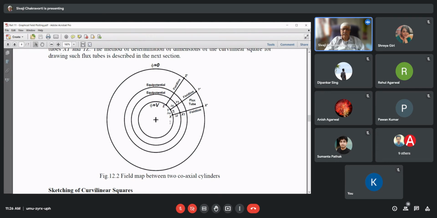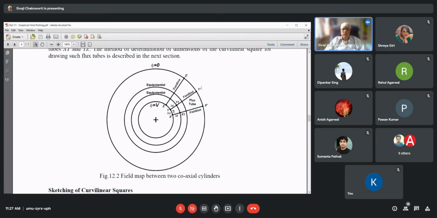As I have said, I am considering a homogeneous as well as charge-free dielectric, so the field line will originate from one electrode and terminate on the other electrode. So this field line originates from X and terminates at X prime. If I take another field line which originates at Y, then it will terminate at, let's say, Y prime.